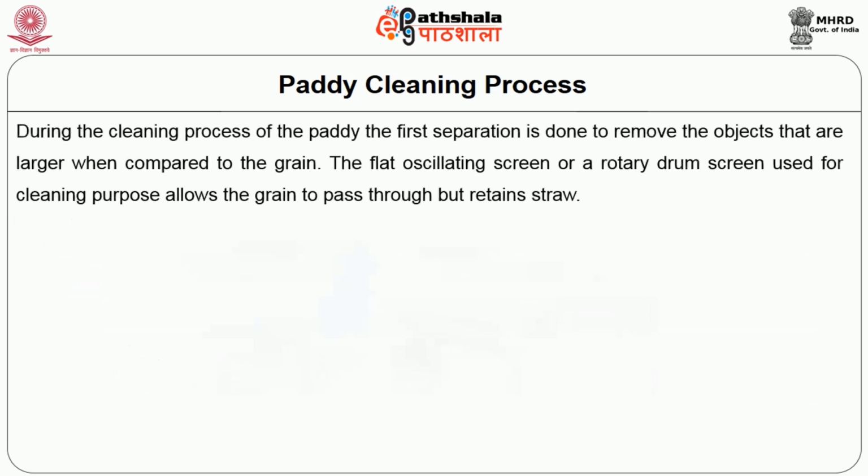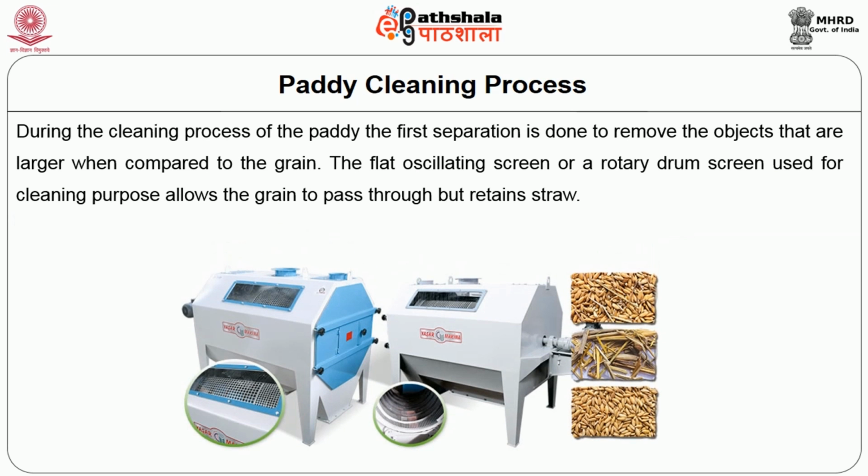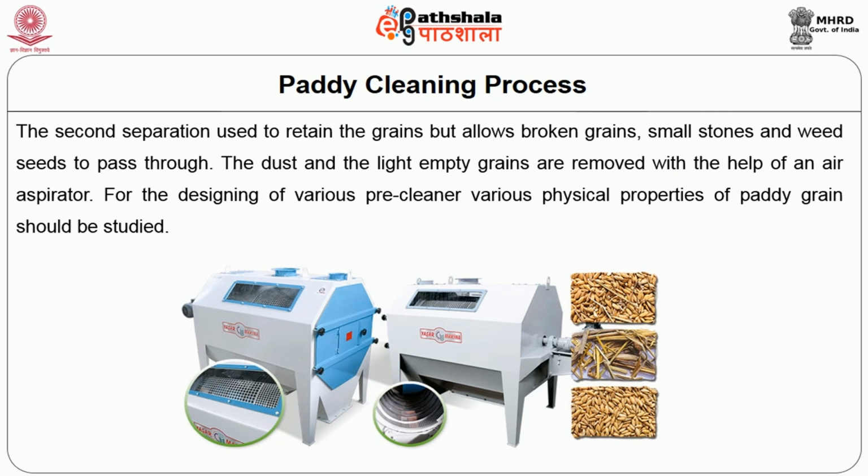During the cleaning process of paddy, the first separation removes the objects that are larger than the grain. A flat oscillating screen or a rotary drum screen used for cleaning allows the grain to pass through and retains the straw. The second separation retains the grains but allows broken grains, small stones and weed seeds to pass through.